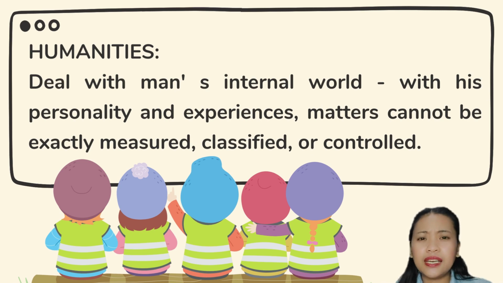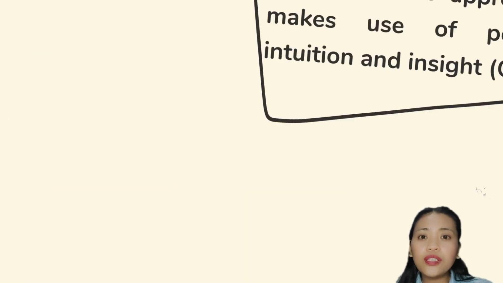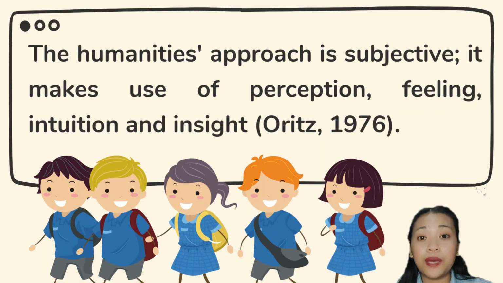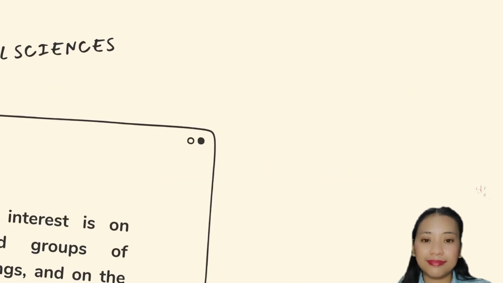For these reasons, the study of humanities cannot be as precise nor as well structured and uniform as the study of biology or physics. The humanities approach is subjective. It makes use of perception, feeling, intuition, and insight.